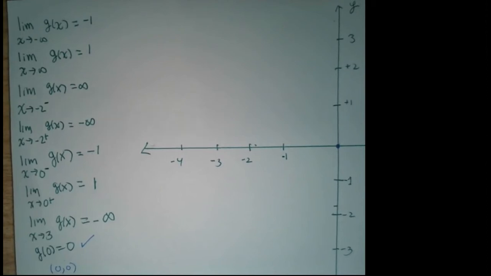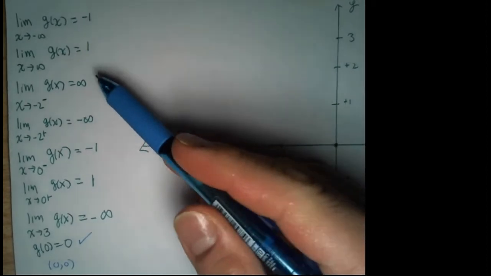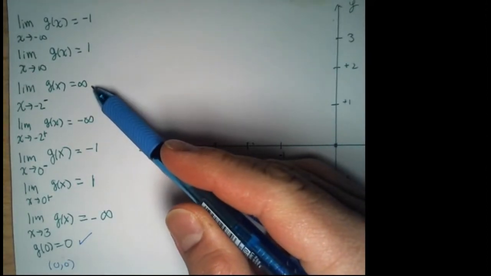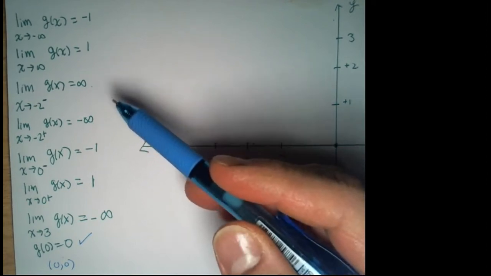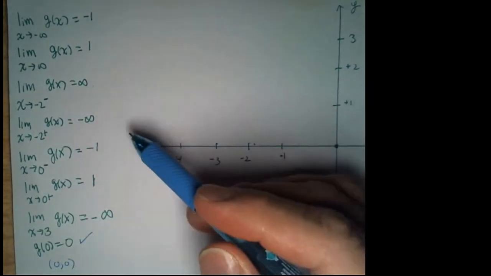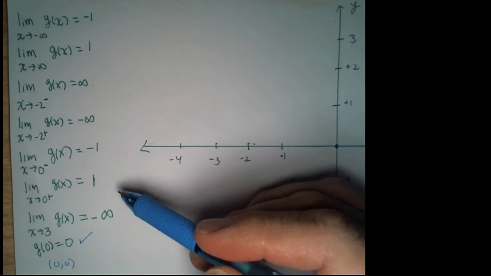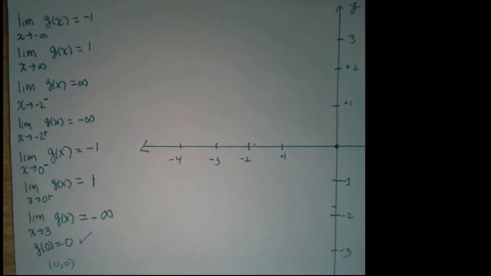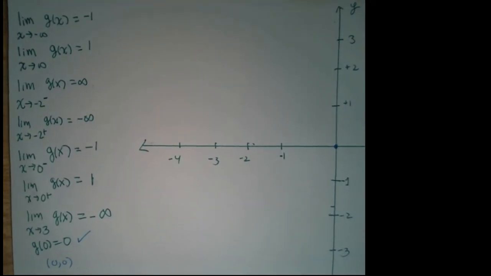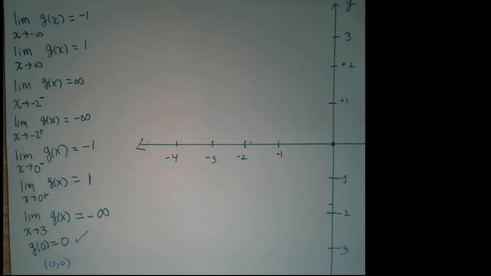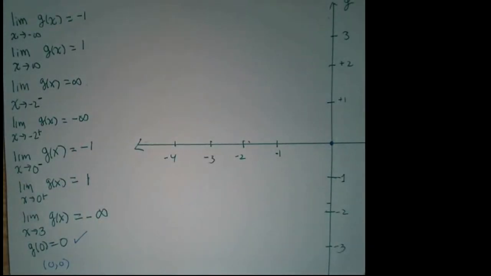Now the next thing is whenever I see these limits that go to infinity, not at infinity, but the limit that is infinite, this one, this one. Right away, that is telling me that I have a vertical asymptote. It doesn't matter if it's the left or right side. If the function is going to infinity or negative infinity, I know right away I have a vertical asymptote.